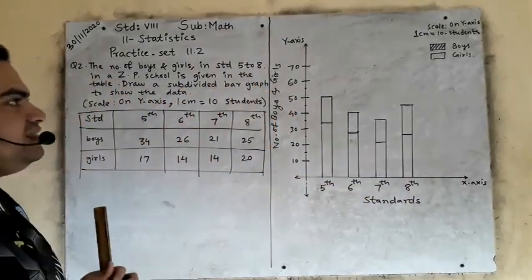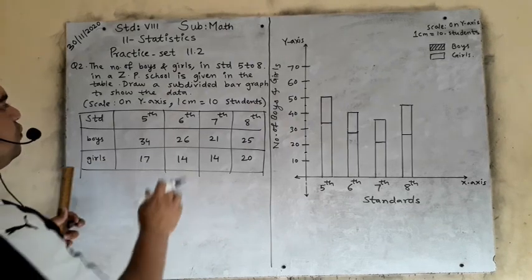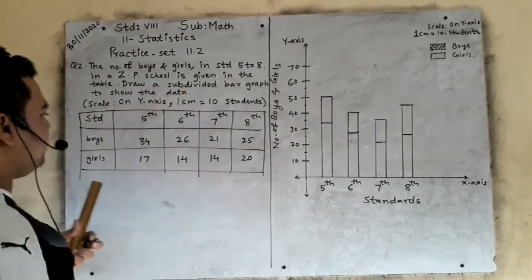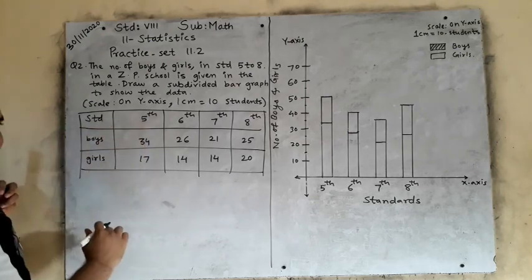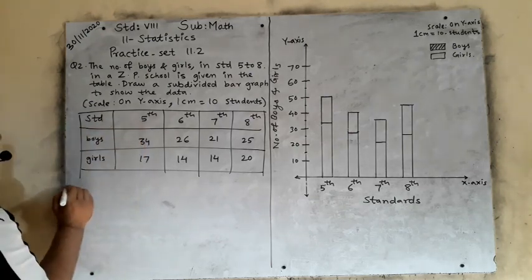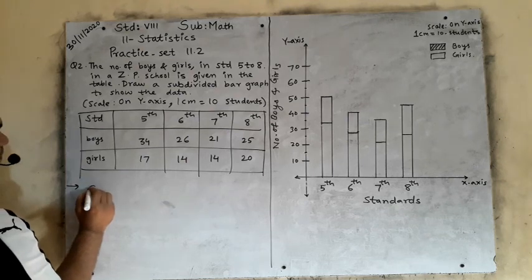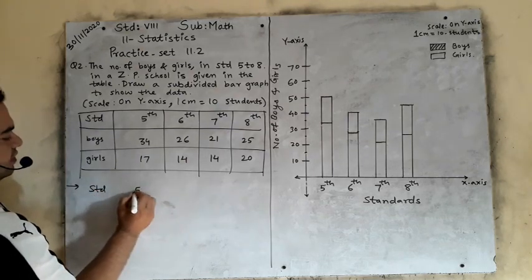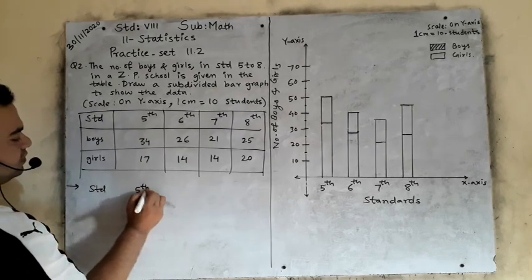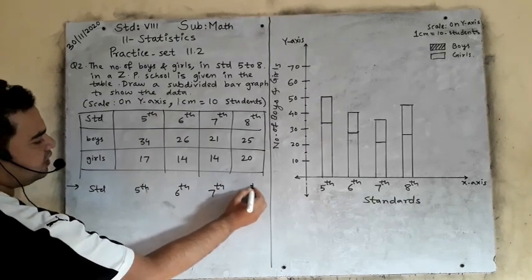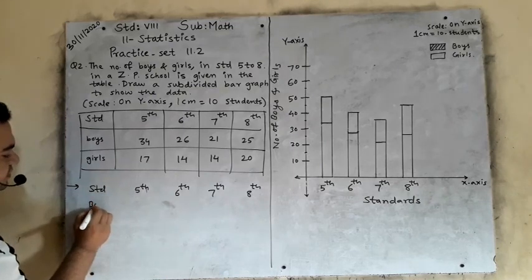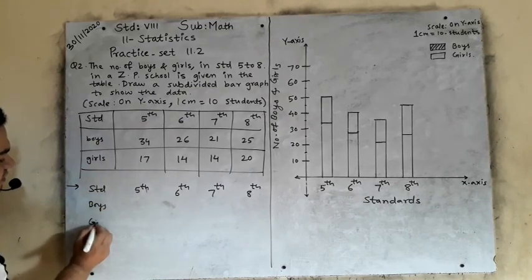Now I will teach a very simple way. We have to draw a subdivided bar graph, so first we have to copy this table as it is. In the solution you will copy the table as it is. Standard 5th, 6th, 7th and 8th, boys and girls, and last we have to write total.